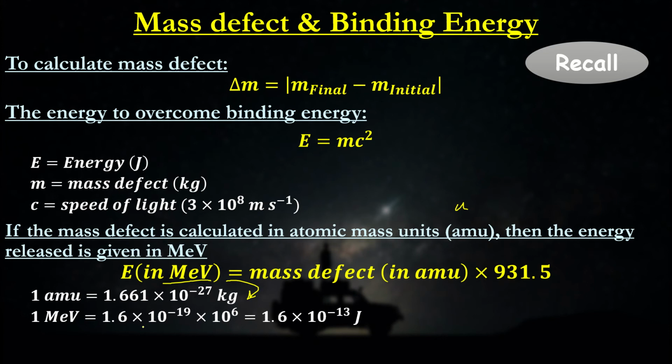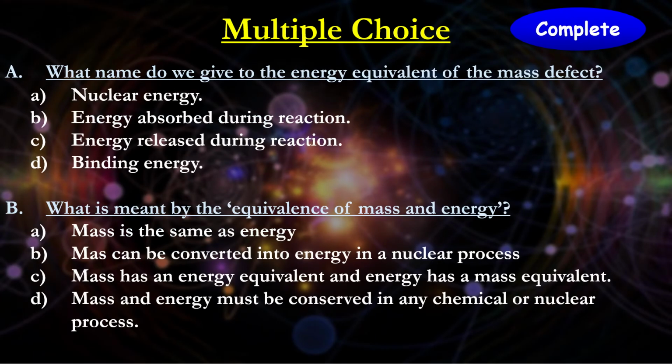So this bit here is the charge of the electron, and here is to account for the mega, and that will convert our values back into joules. So that's what's happening when something's going through a nuclear fusion reaction. That mass defect will cause the production of this energy.